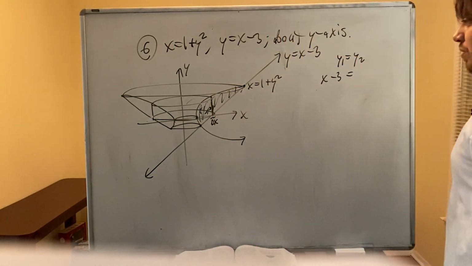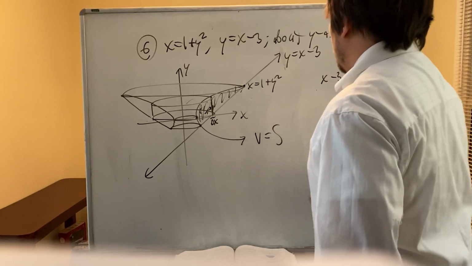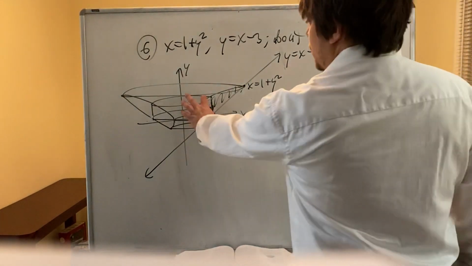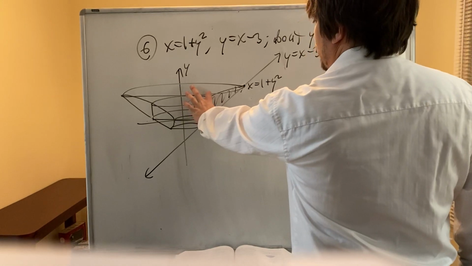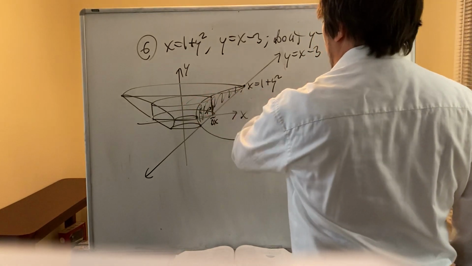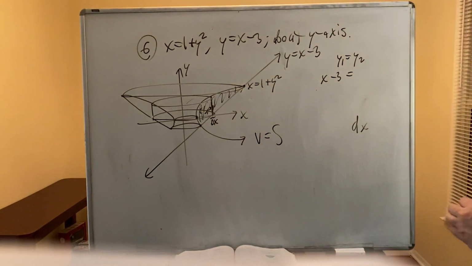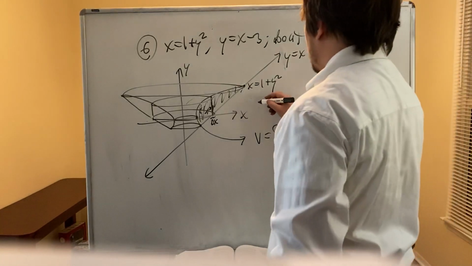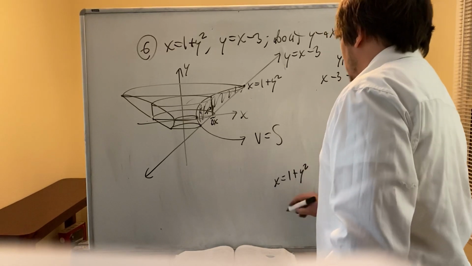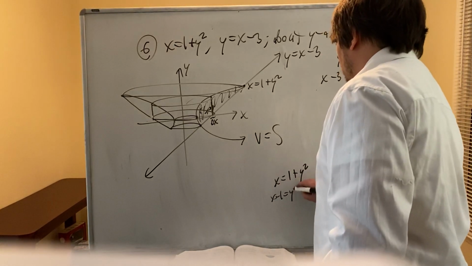And so the volume is going to be a definite integral with respect to x. And so when we talk about the height of the function, we're going to be talking about y. So we want to solve for what y equals. For this graph, x equals 1 plus y squared, so x minus 1 equals y squared.